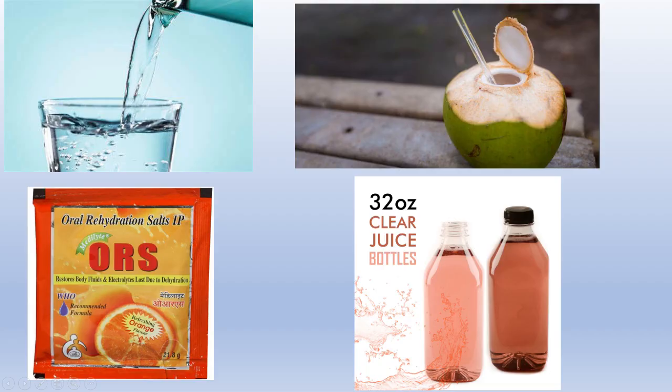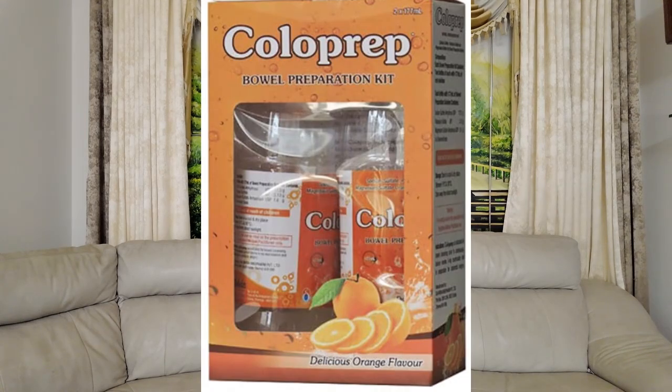The patient can only take clear liquids, for example water, tender coconut water, clear juices, ORS as much as possible. If the patient has fluid restriction, suppose a cardiac patient or a kidney patient, a different bowel cleansing agent will be given, reducing the amount to 1 liter.